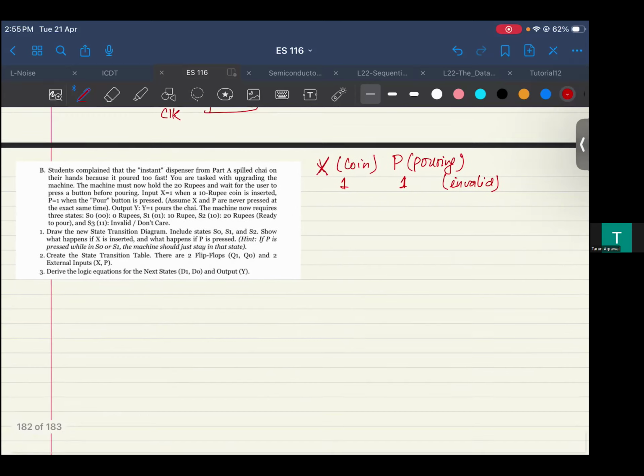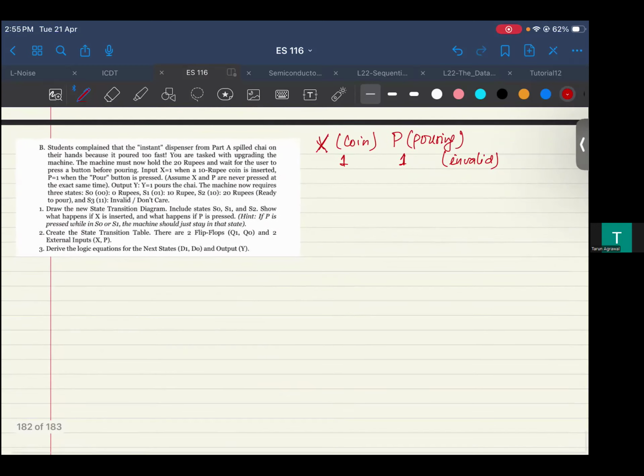So if I were to translate this into the state transition, the first thing I see is there are three states. When I go from the initial case, which is my S0, this is my initial. Then I put in a 1 rupee coin.